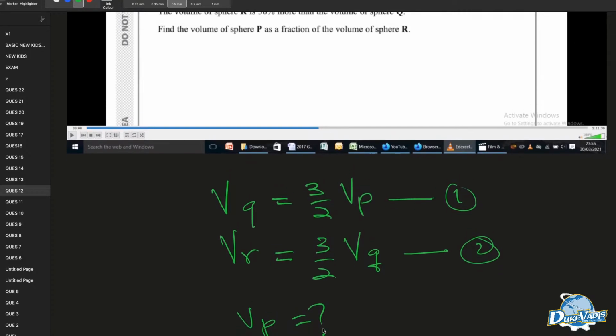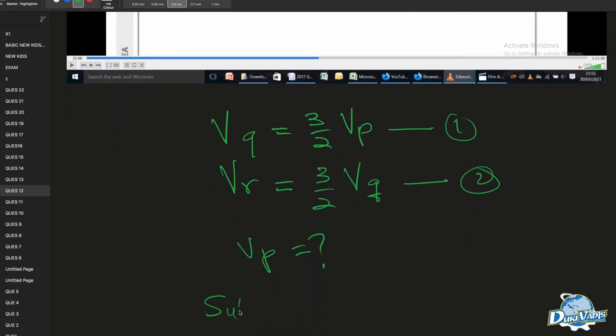So if you look at these two equations over here, you see that we can do some substitution. Since we're looking for VP, we do VQ. So we substitute equation 1 into equation 2.